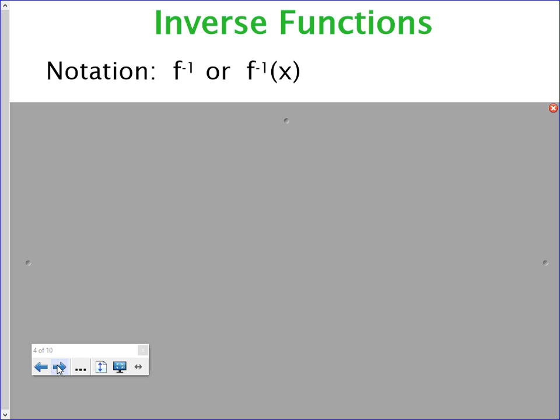Does anybody remember from Algebra 2 what is important about inverses? How do you find inverses? How do you create inverses? What's the key piece to the inverse?